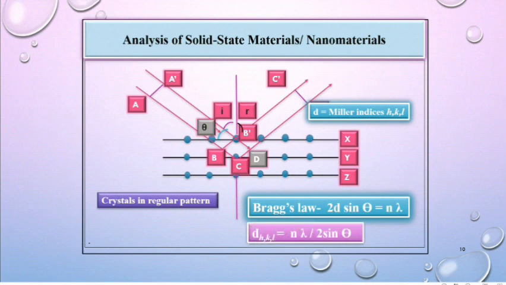The formula for this is d_hkl equal to n lambda divided by 2 sin theta. Therefore, the possible 2 theta values where one can have diffraction are determined by the unit cell dimensions.